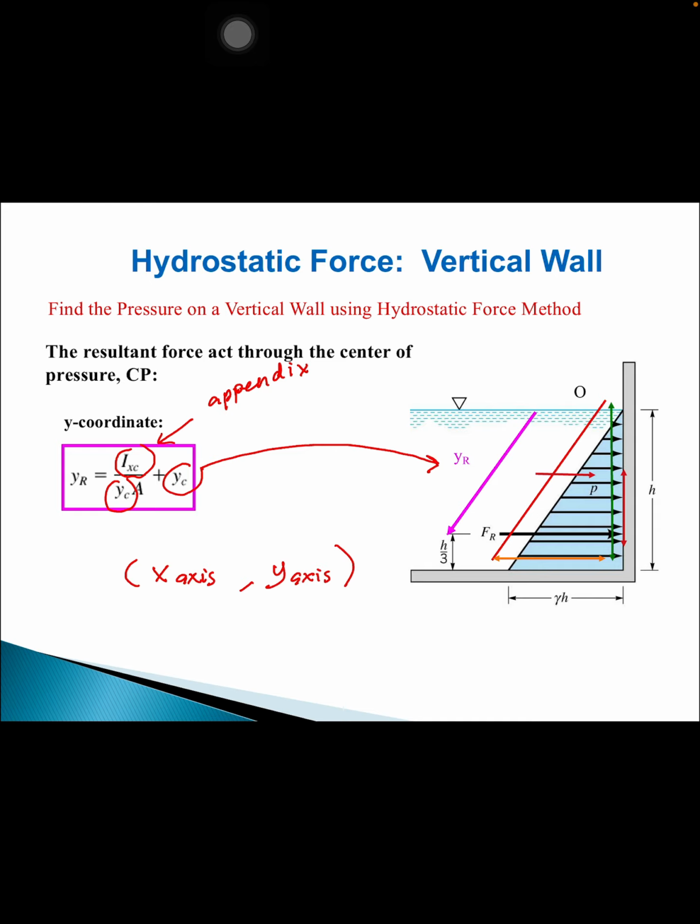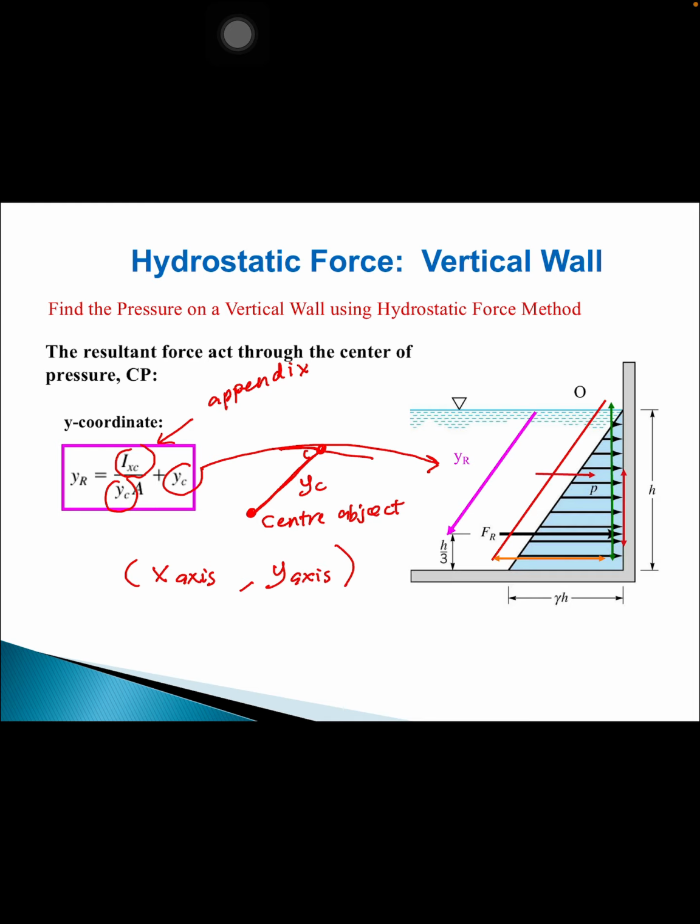Where is your YC? YC means your distance, along the angle, to the center of the object. You have to calculate YC from the surface of the liquid, along the angle, until the center of the object.